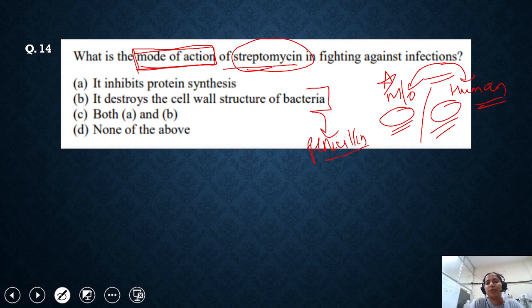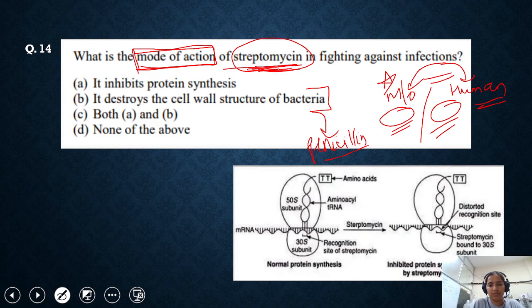What streptomycin will do is, it will stop the translation step. I will show you here. It stops the formation of proteins. Okay, see, this is the ribosome structure. Ribosome mainly contains two units, the small and the larger unit.